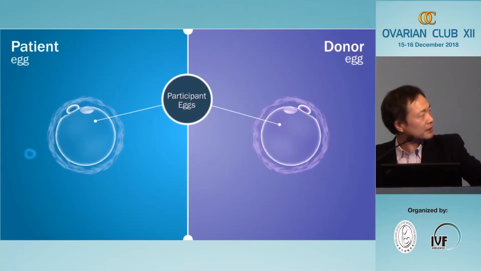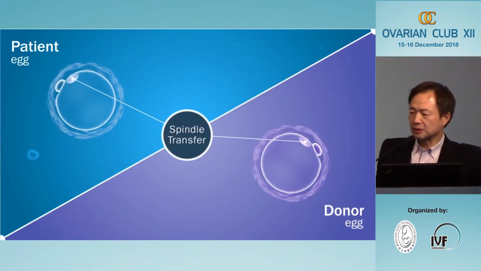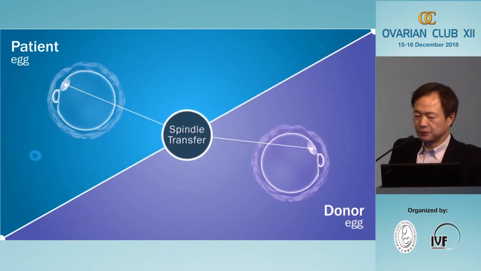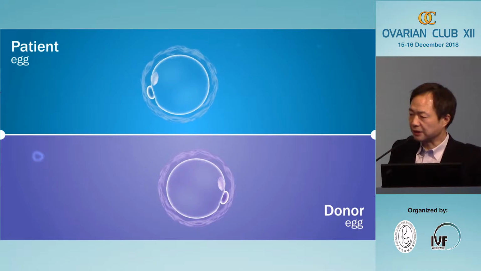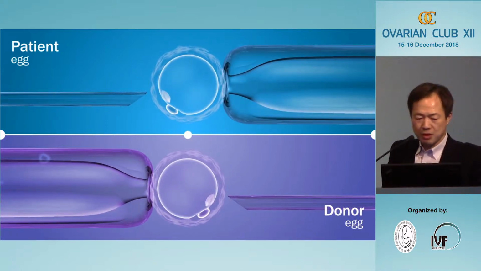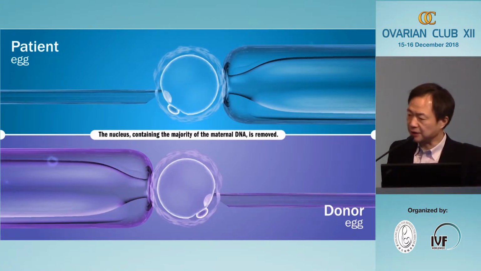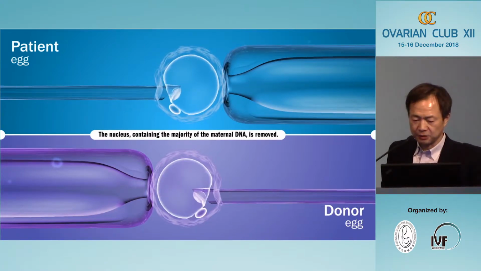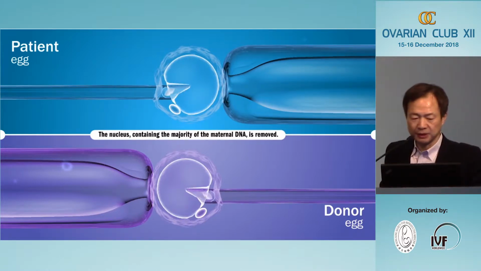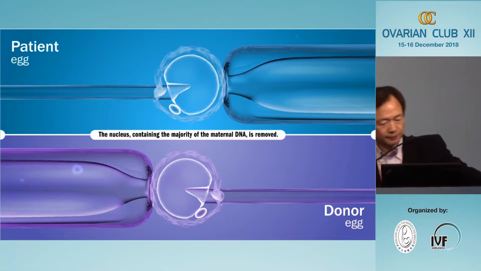The concept of nuclear transfer is very simple. We all know cells form with a nucleus and the cytoplasm. Basically, the first step is to remove the DNA nucleus from a donor cell, and then we can transfer it into a recipient cell. In clinical terms, this could be a patient.